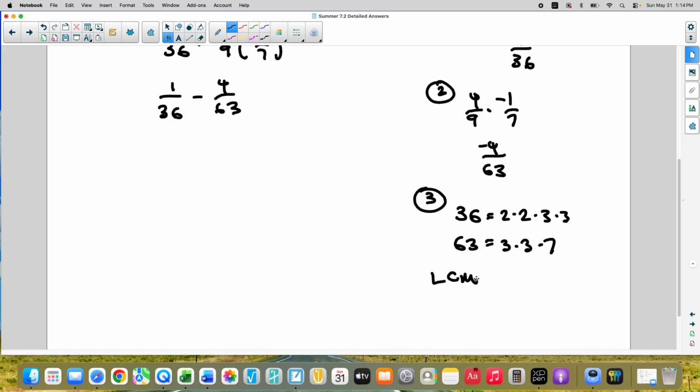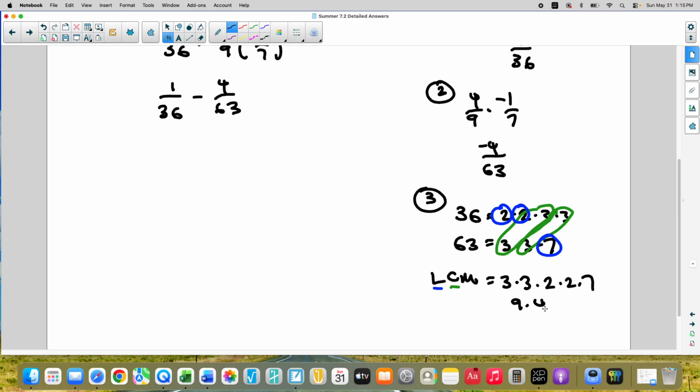So LCM. I want to circle what they have in common. They have a 3 in common. They have another 3 in common. And then leftovers. L is for leftovers. We have a 2, a 2, and a 7. So my LCM is going to be what they have in common, and then what they have left over.